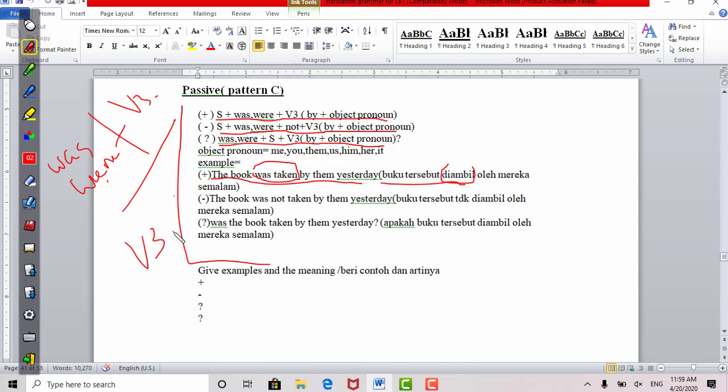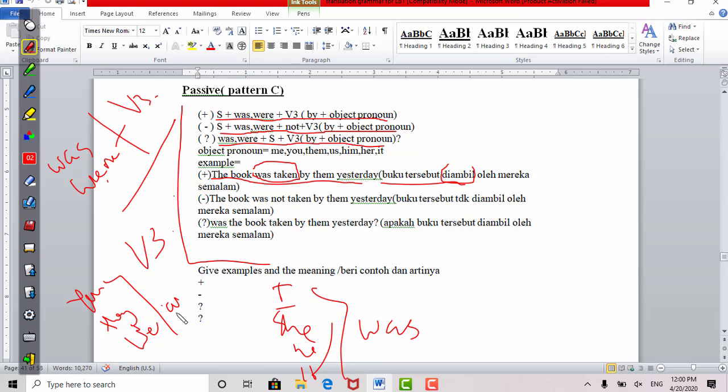Alright, if we see this one, subject plus was or were plus verb 3 plus by plus object pronoun. Remember this: I, she, he, it, you will use was. And then you, they, we, you will use were. I will repeat again here.